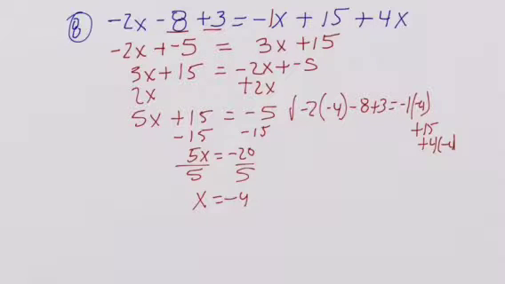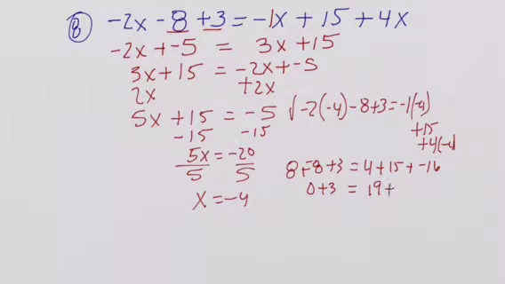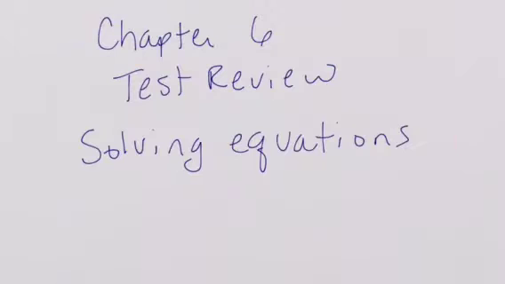So we're going to have 8 minus 8 plus 3 is equal to 4 plus 15 plus negative 16. So we have, add a line, change the sign, 0 plus 3 is equal to 19 plus negative 16. 3 is equal to 3. And now you've studied for your test.